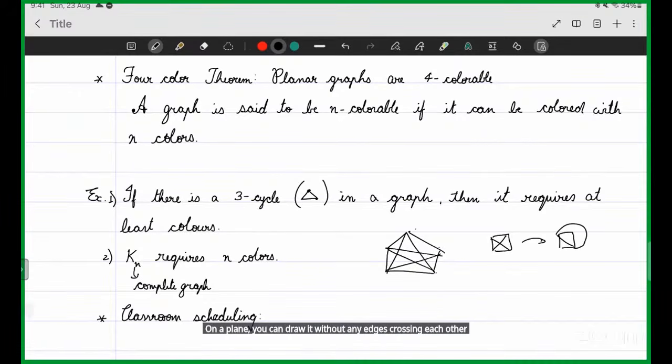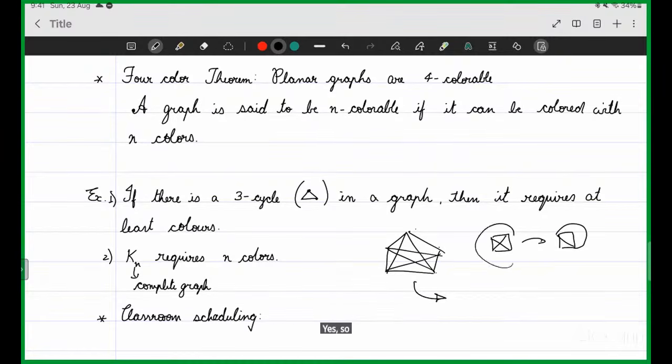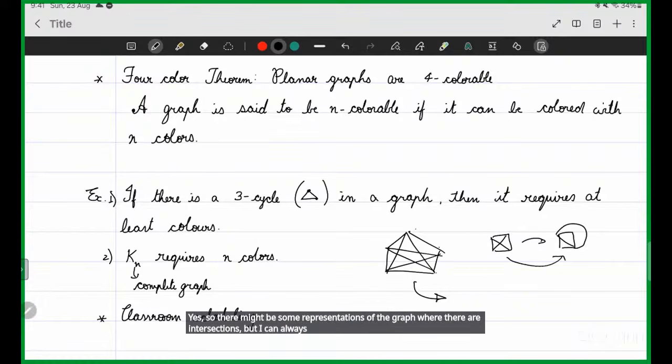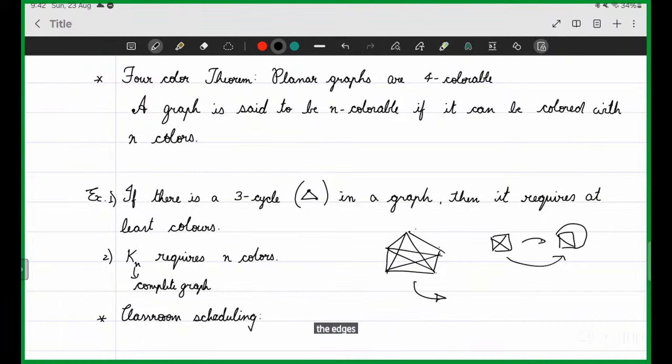So planar means no intersection of edges, right? Yes. There might be some representations of the graph where there are intersections, but I can always redraw them in such a way that the edges don't intersect.